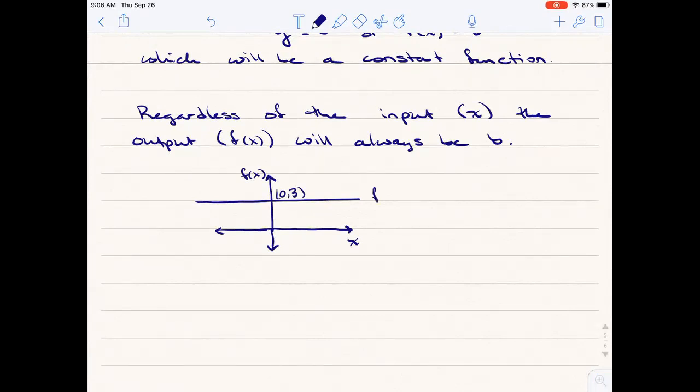This is the line of f of x equals 3. And it keeps going and going and going. So whenever you have this completely straight horizontal line, you've got a constant function.